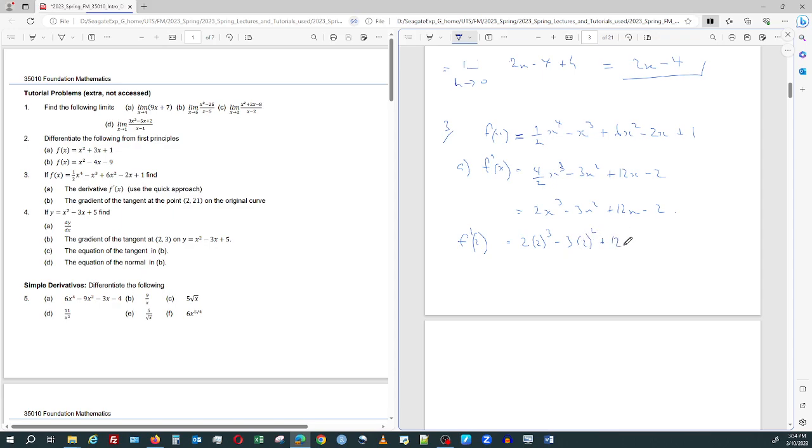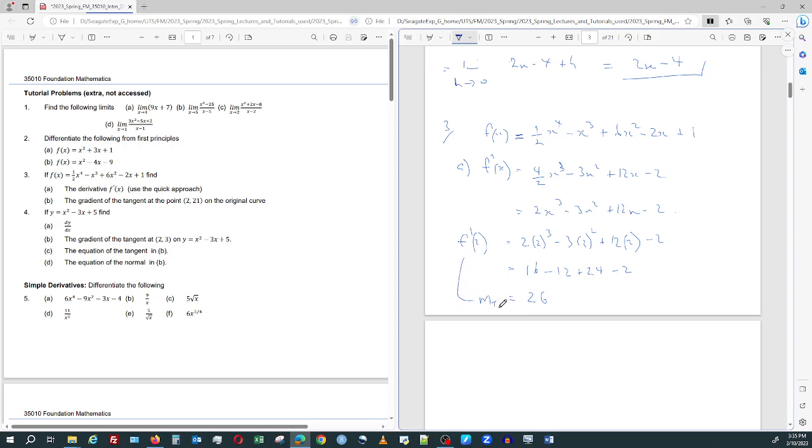Plus 12 times 2, minus 2. 2 twos are 4, 4 twos are 8, 2 eights are 16, 2 twos are 4, 4 threes are 12, 2 12s are 24. Okay, so we've got 16 minus 12 is 4. 4 and 24 is 28. 28 minus 2 is 26. So that's the m value. That is the gradient.